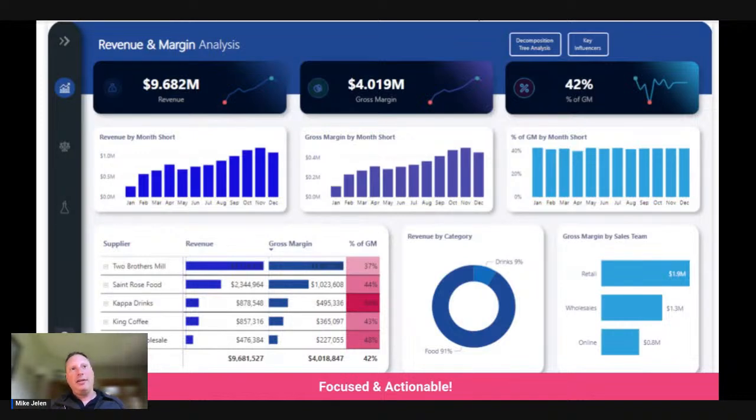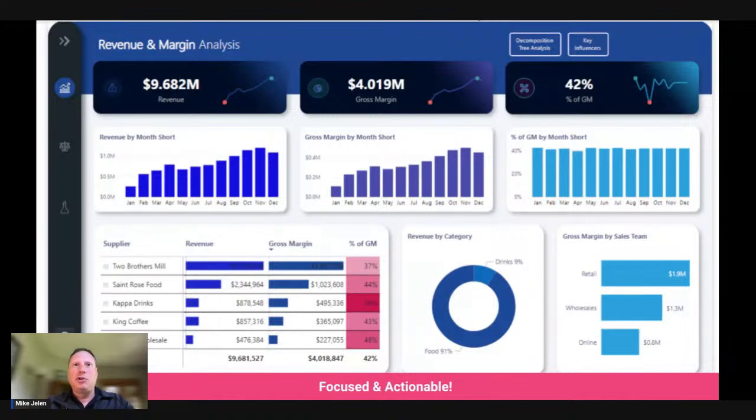Because at the end of the day, what you deliver to those, whether it's an individual portco and the different lines of business, or if you're in a franchisee model, those franchisees, or just an individual store owner, give them very focused and actionable information. Present to them, here's what you need to know.